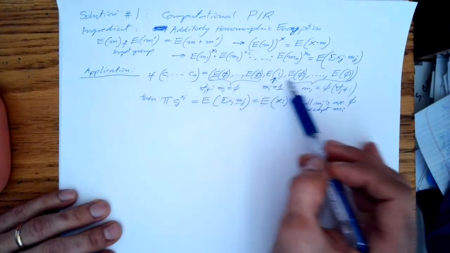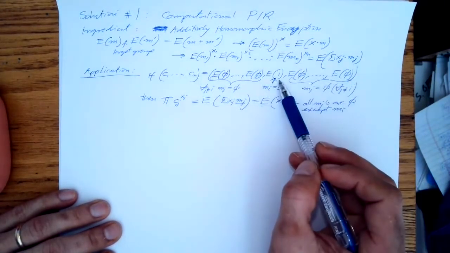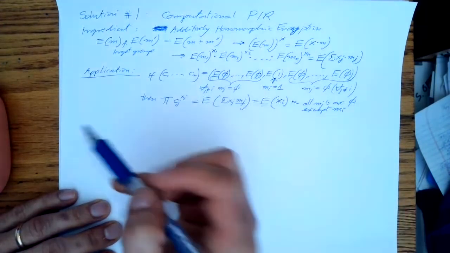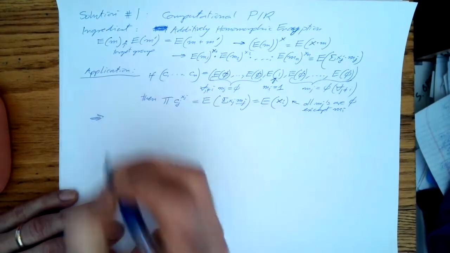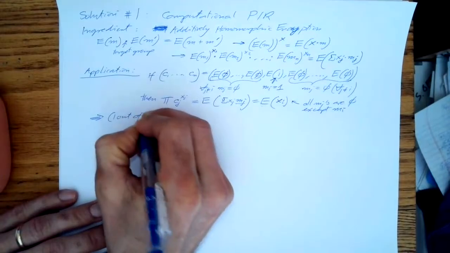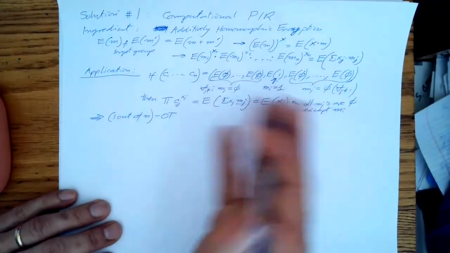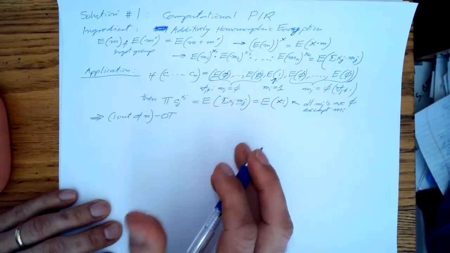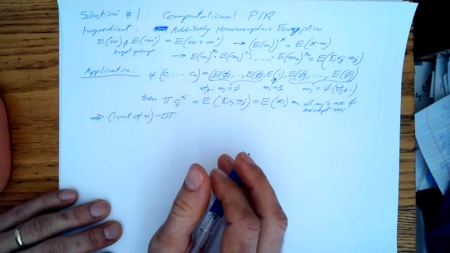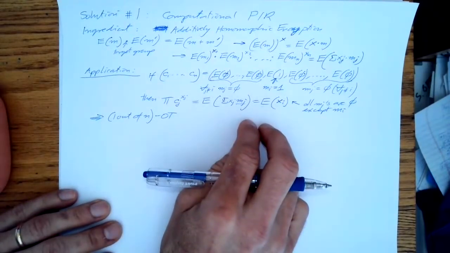And by the secrecy of the encryption, he does not know which of these entries are zeros and which is the only non-zero one. So he learned nothing. This is a 1 out of n OT. We already knew this. This is precisely how we implemented OT. It's one of the ways, the first one.